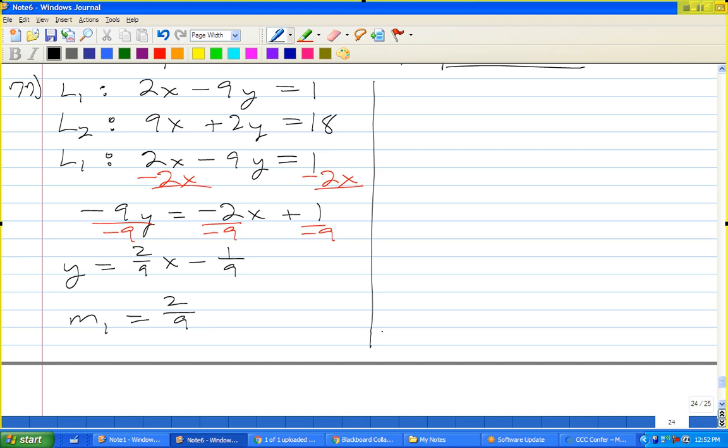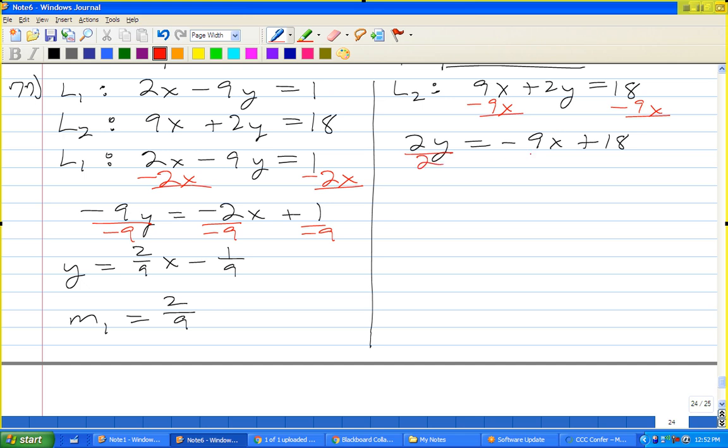Let me determine the slope of the second line. And so I have here 9x plus 2y equals 18. Subtract 9x from both sides of my equation. So I have 2y equals negative 9x plus 18.